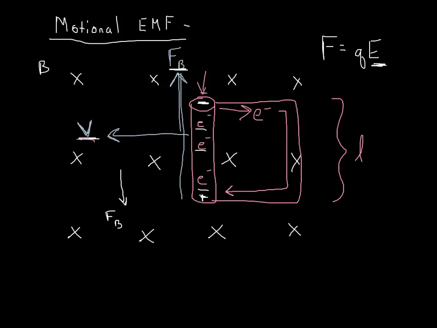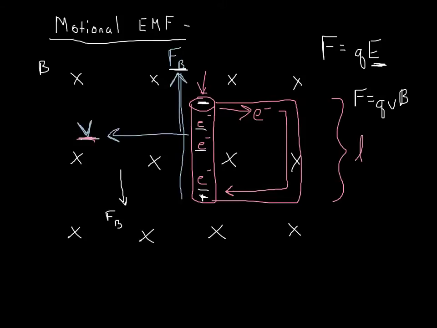The rod is moving at a velocity v, so we can calculate the actual force that this wire experiences inside of our magnetic field. The force of something in a magnetic field is equal to the charge times the velocity you move times the field itself.